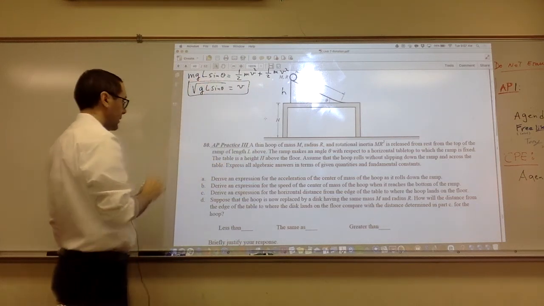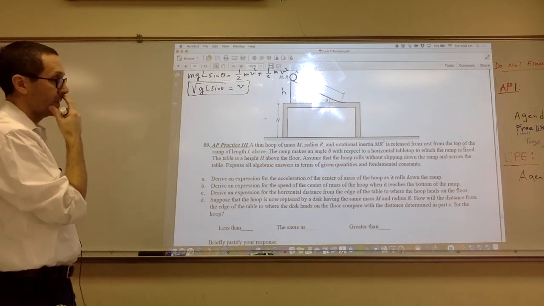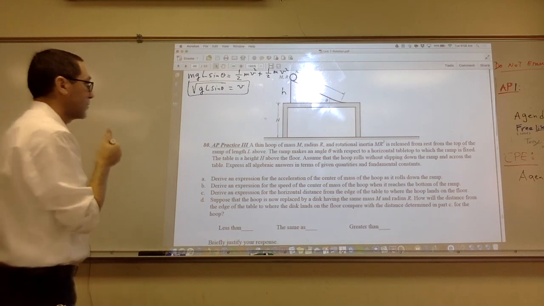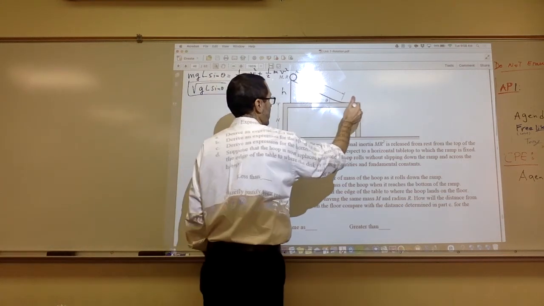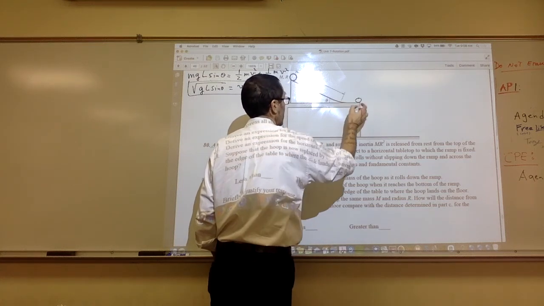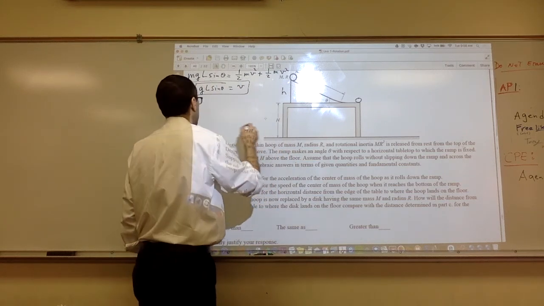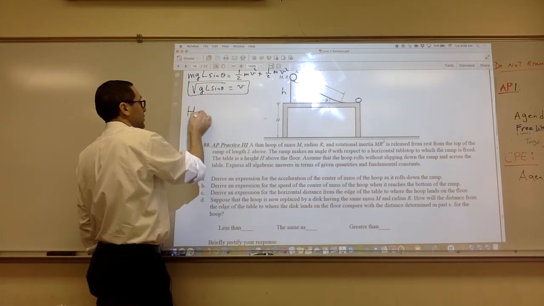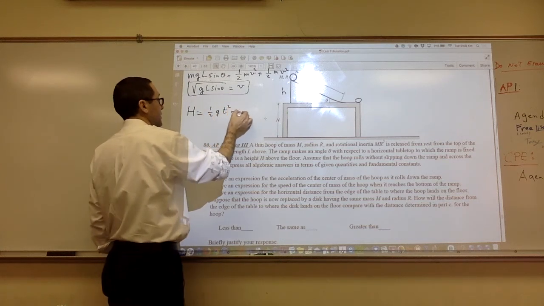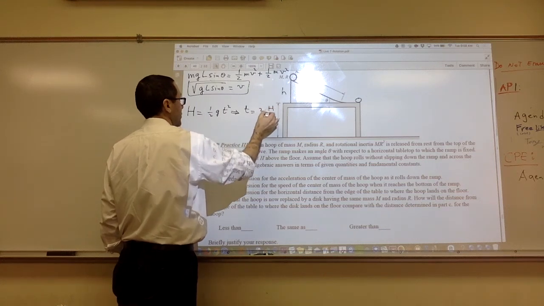Okay. Derive an expression for the horizontal distance from the edge of the table to where the hoop lands on the floor. Okay, so now we're just going to do projectiles. So we have to figure out the time it takes to drop this high. So h equals 1/2 gt squared, which means t equals radical 2 uppercase H over g.